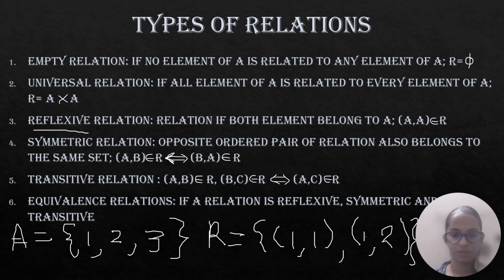So this is a reflexive relation because every element present in this relation, that is 1 and 2, is also present in A.